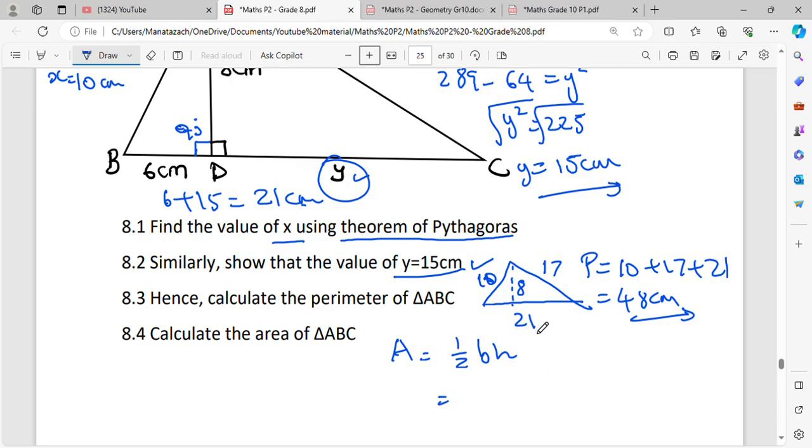This 21 here is going to be our base, and then this 8 is going to be our height. So we'll say our base is 21, height is 8, then 1 divided by 2 times 21 times 8 is going to give us 84 squared centimeters.